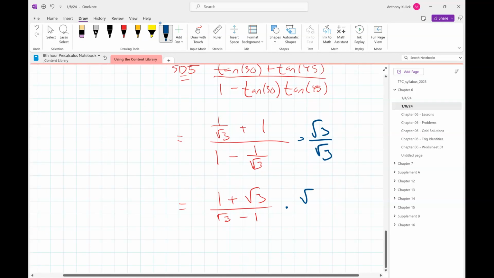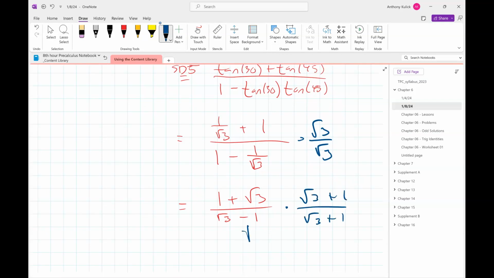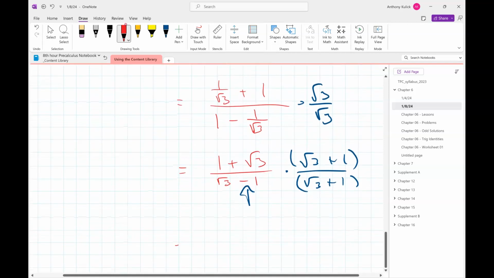Again, we'll multiply by a conjugate, just like I did before. This conjugate would be root 3 plus 1. Again, the same thing as the denominator, just with the opposite sign in the middle. I FOIL the numerator out.